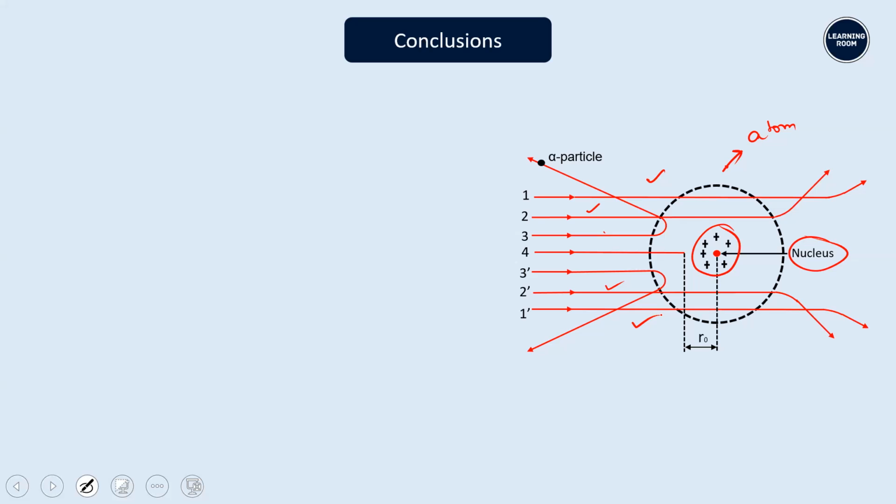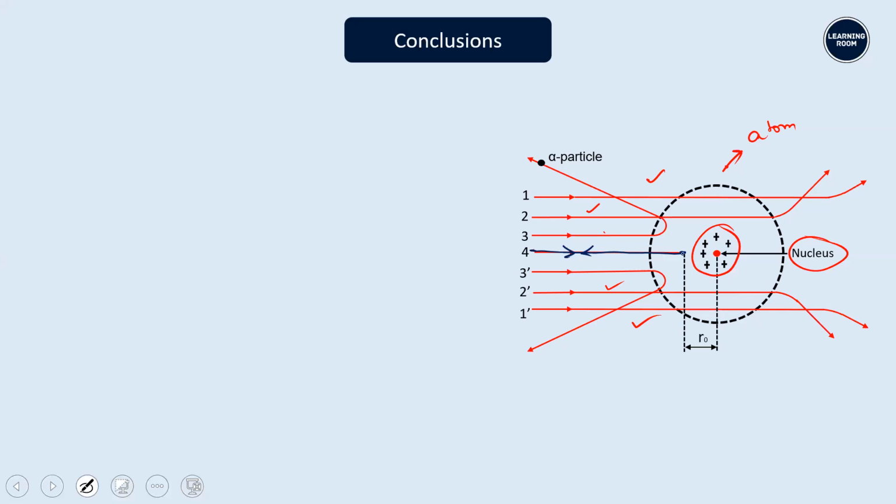But if you see, there are certain alpha rays which went almost close to the positive charge, and they took a turn of 180 degrees, right? Where they could not touch the nucleus, obviously, right? So they could reach a maximum distance, right? A possible maximum distance till the nucleus.